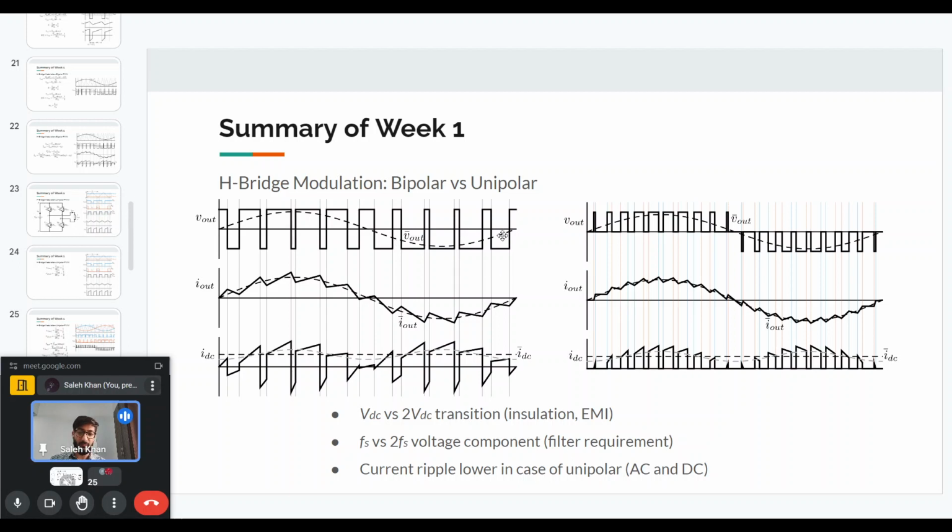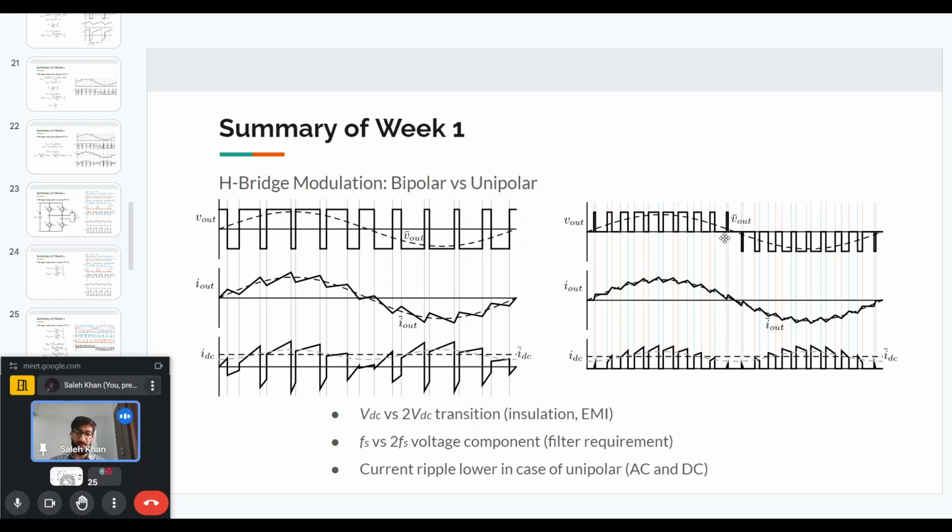First of all, in the bipolar case, the voltage varies between plus VDC and minus VDC, while in the unipolar case, the voltage variation is only VDC. So there is an improvement in the transition from twice VDC to only VDC. And that has some implications for the insulation of the load as well as the electromagnetic interference that this switching will generate. And it is preferable that we have a lower voltage transition. So that is why unipolar has an advantage in this case.